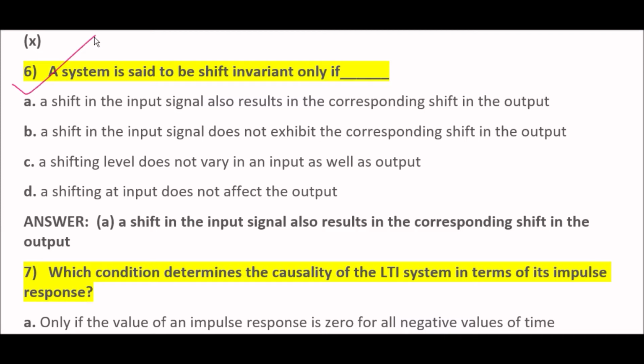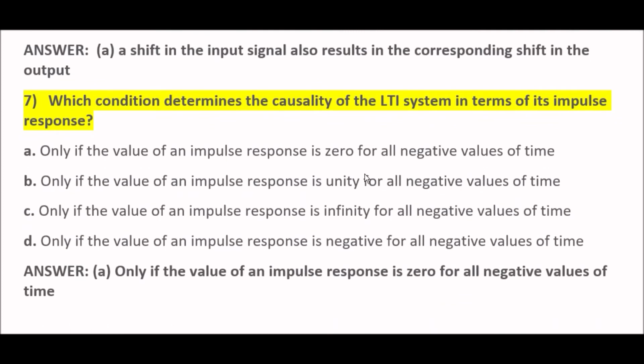Option D, a shifting at input does not affect the output. Correct answer here is option A. A system is said to be shift invariant only if a shift in the input signal also results in the corresponding shift in the output. Okay, don't be confused in this question. This is also a very important question. Focus on it.